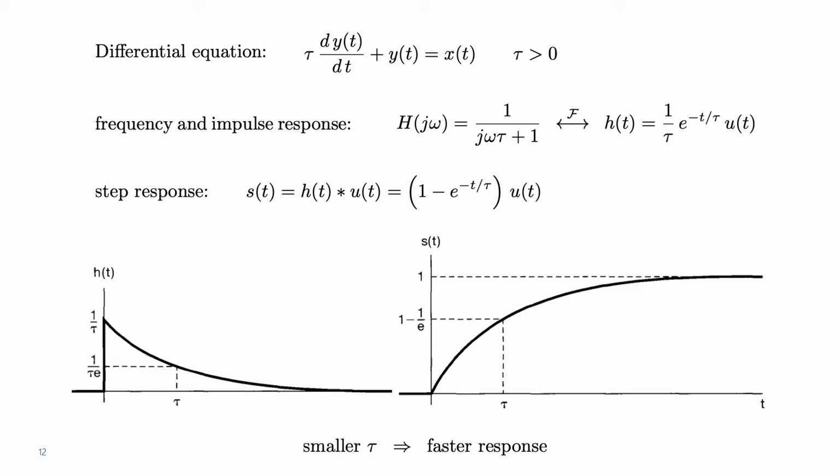Similar thing happens for the step response, because a smaller value of tau means that the value 1 minus 1 over e is reached faster, is reached sooner. That means that the step goes up faster, and therefore it approaches the value of 1, which is the final value, faster.